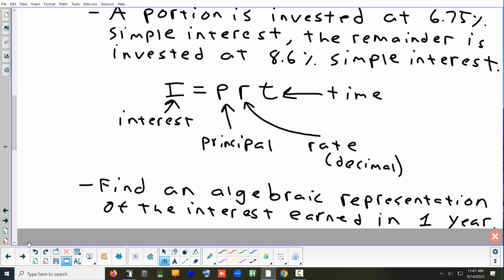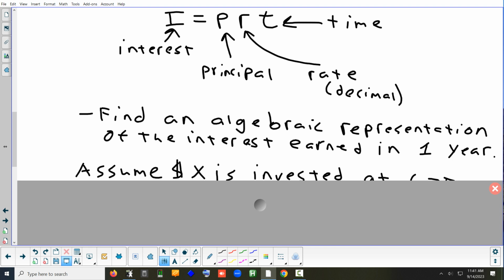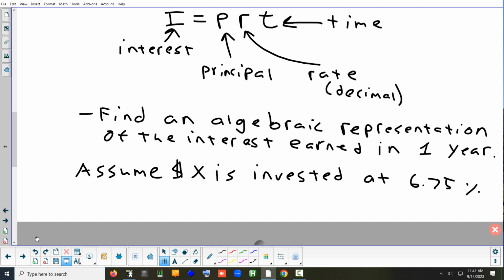Yep. Okay, we need a variable here, so we could use M for money, or we could just use X. Let's assume that he invests X dollars in the 6.75% account. How much is X? Well, we don't know. It's going to be X dollars.